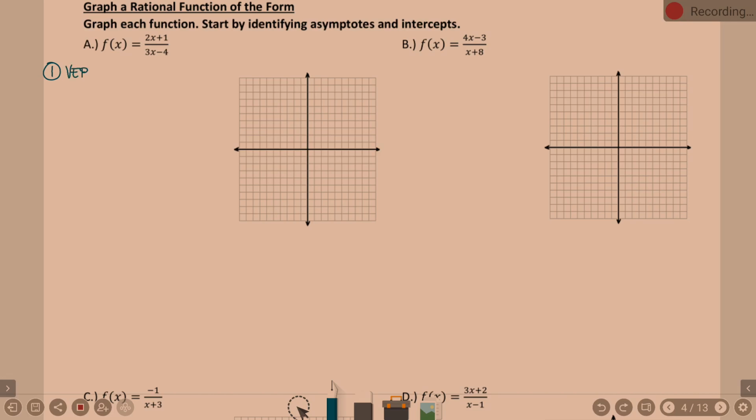So let's start by finding vertical asymptotes. What do your brains remember from yesterday? Okay, denominator equal to 0. So 3x minus 4 equals 0.